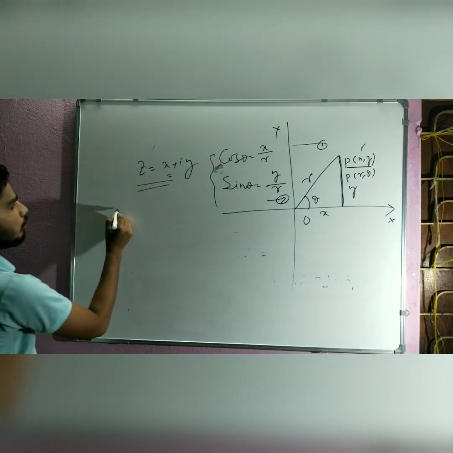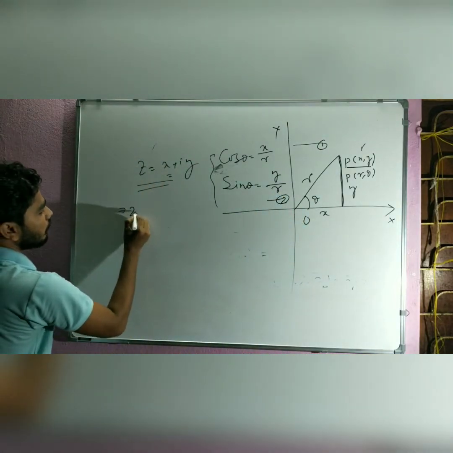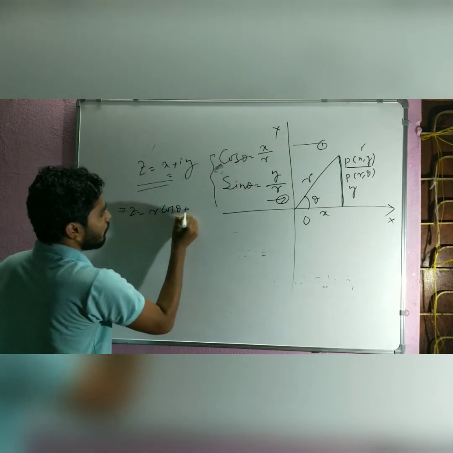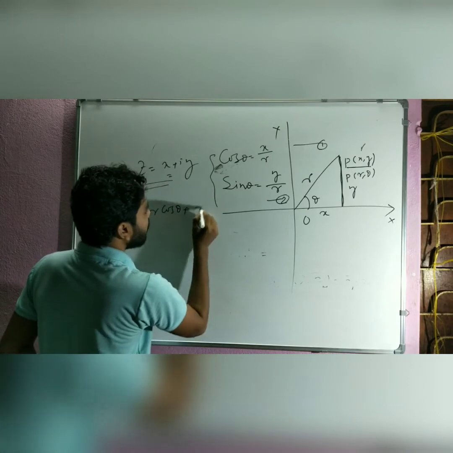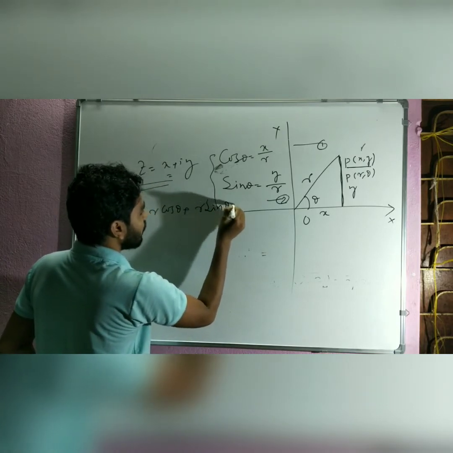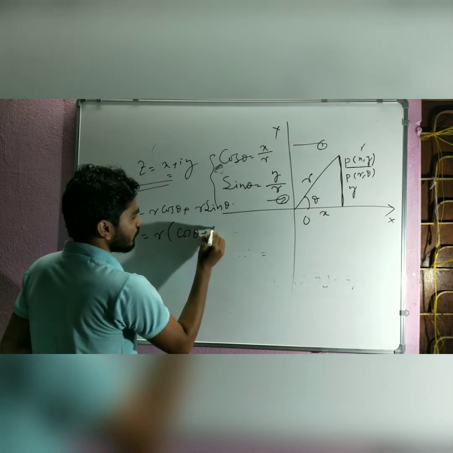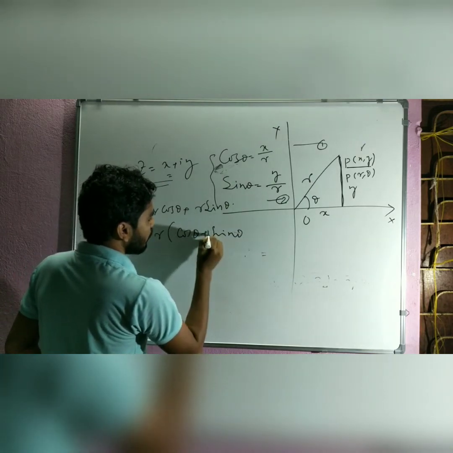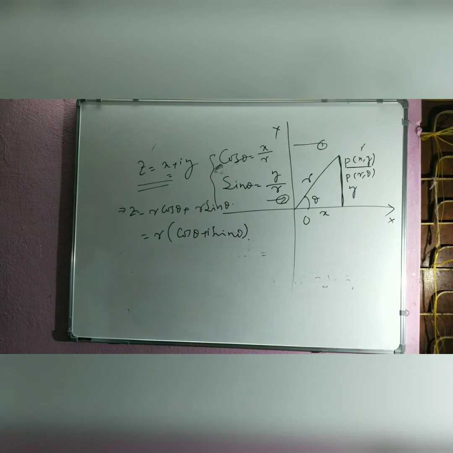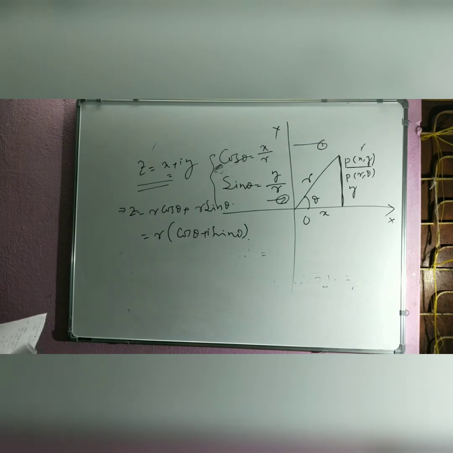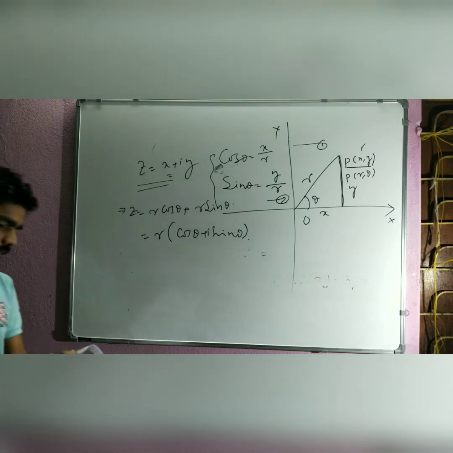Putting these values, z equal to r cos theta plus i r sin theta. This is the polar representation of a complex number.